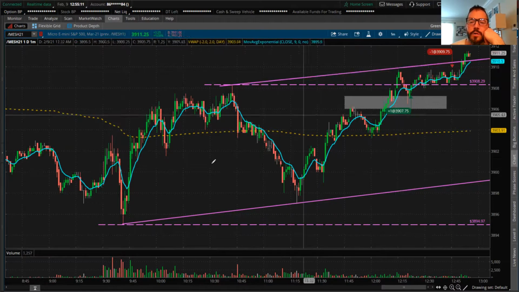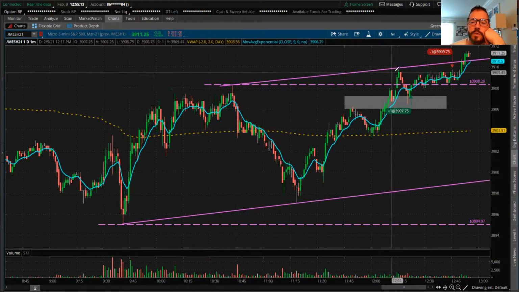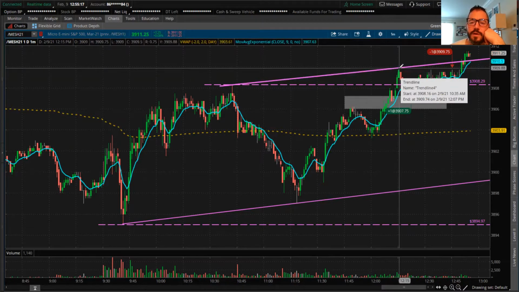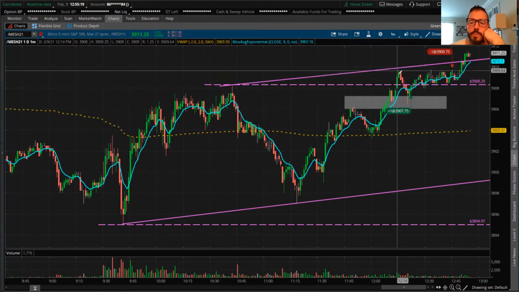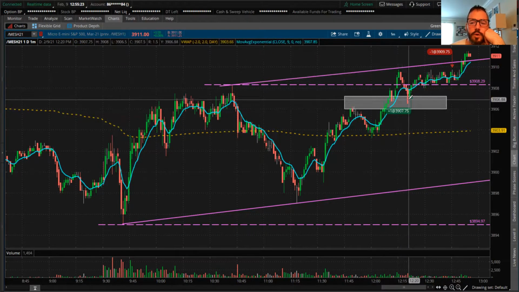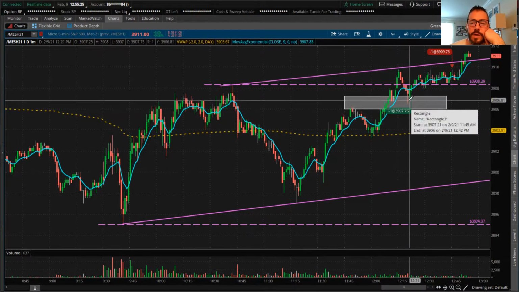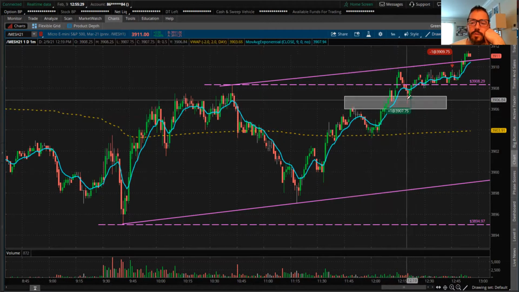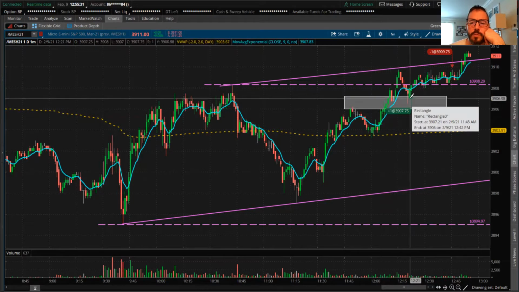So not only are we making higher lows, we started to make higher highs. So now after we made the first higher high, we always, not always, but we should pull back into the buy zone, which is right around this area. And that's what we did. We purchased one futures contract here.